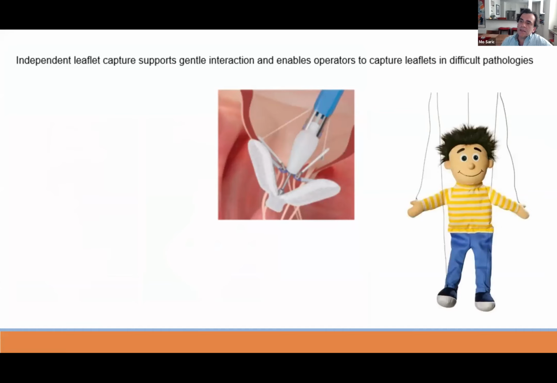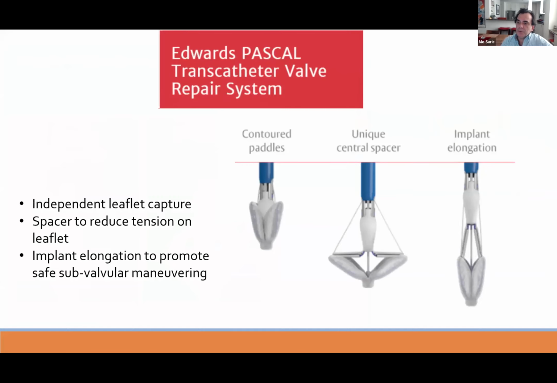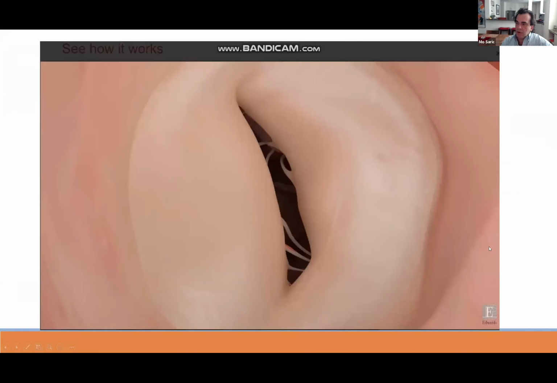So this is essentially a system to independently position clips in the mitral valve. These are the different orientations of the clip, the implant elongation when you introduce it, then you put it together and orient it at the level of the mitral valve.